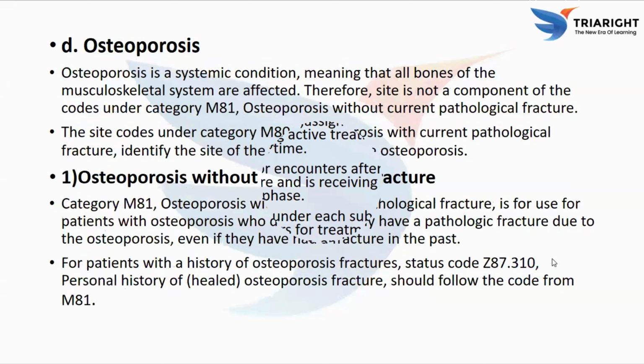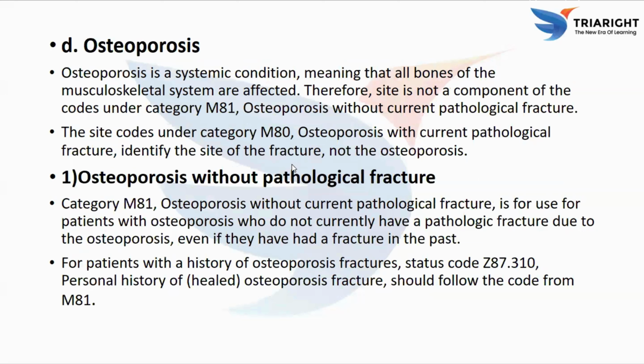So the next guideline is about osteoporosis. What do you mean by osteoporosis? Osteoporosis is a systemic condition, meaning it affects all the bones in the body, not just one specific bone, because this affects the entire skeleton, right? In ICD-10-CM, it does not assign site-specific codes for osteoporosis unless a current pathological fracture is present.